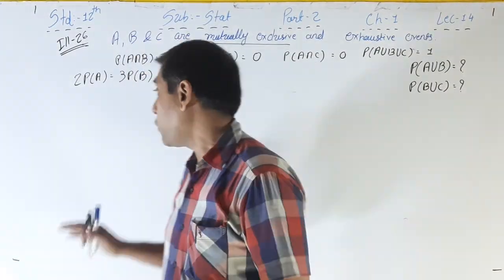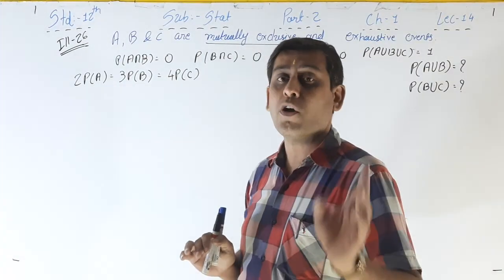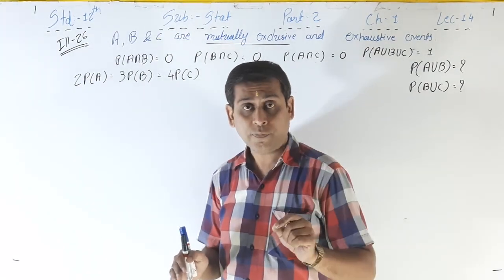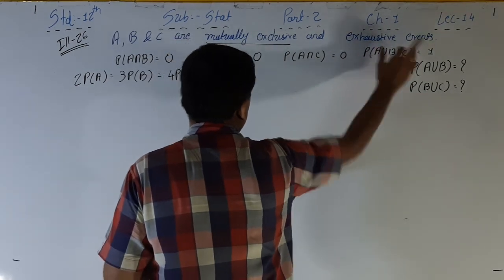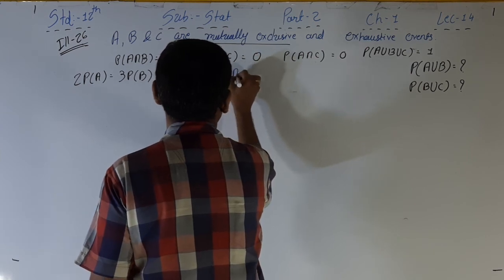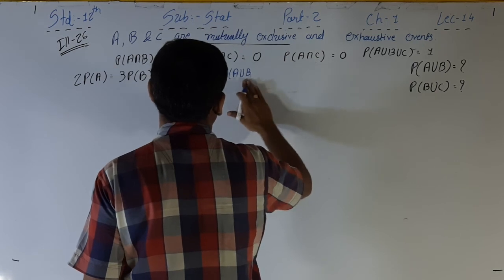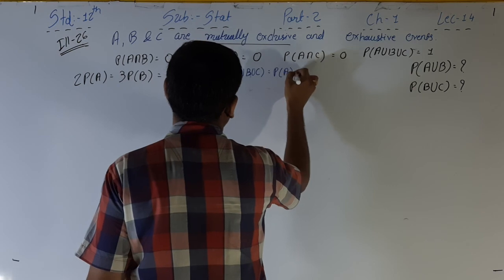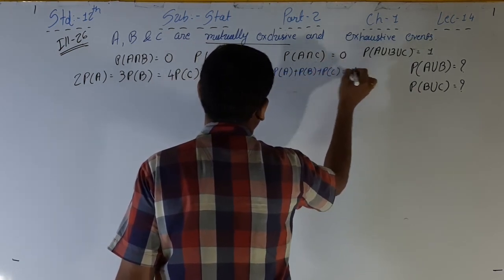For that, first of all we want P of A, P of B and P of C. The values of P of A, P of B and P of C are not given here. First of all we have to find that, right? See, P of A union B union C is equal to 1. Therefore we can say P of A plus P of B plus P of C is equal to 1.